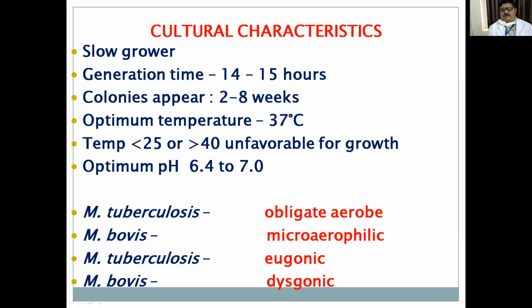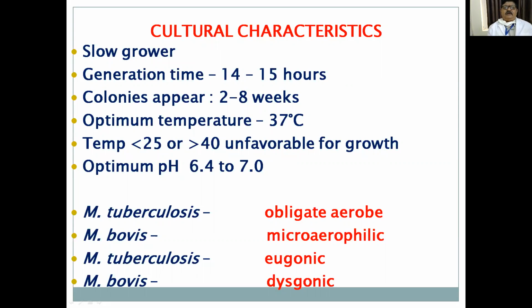You inoculate the Lowenstein-Jensen medium and observe once in 2 weeks up to 8 weeks. Optimum temperature is our body temperature, 37 degrees centigrade. Temperature below 25 or above 40 is unfavorable for growth. Optimum pH is 6.4 to 7.